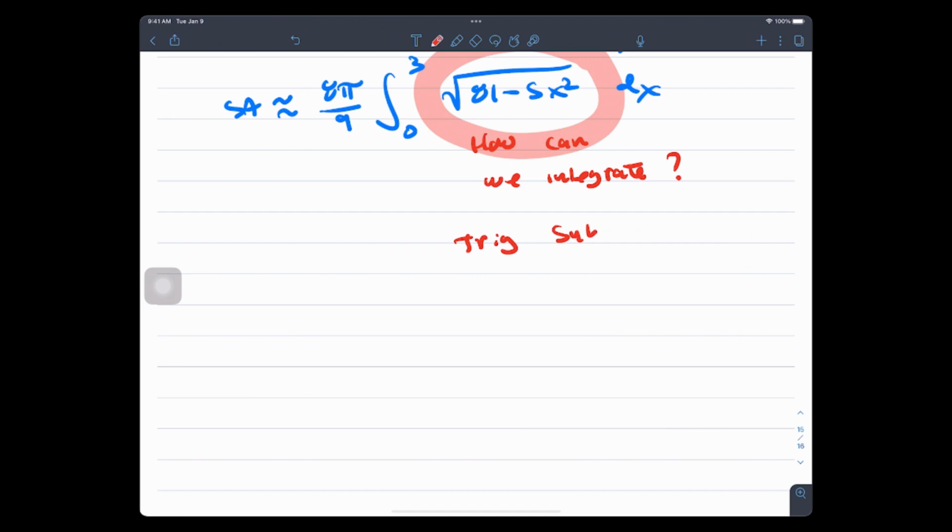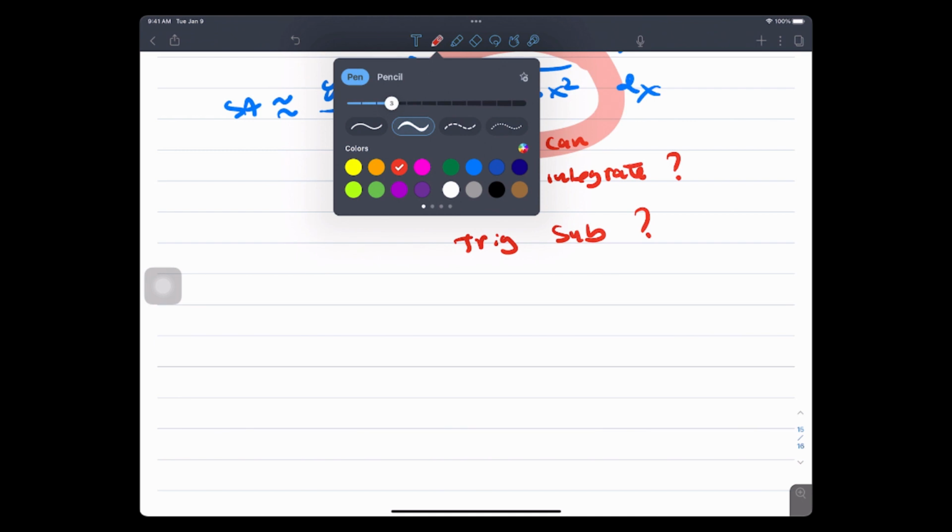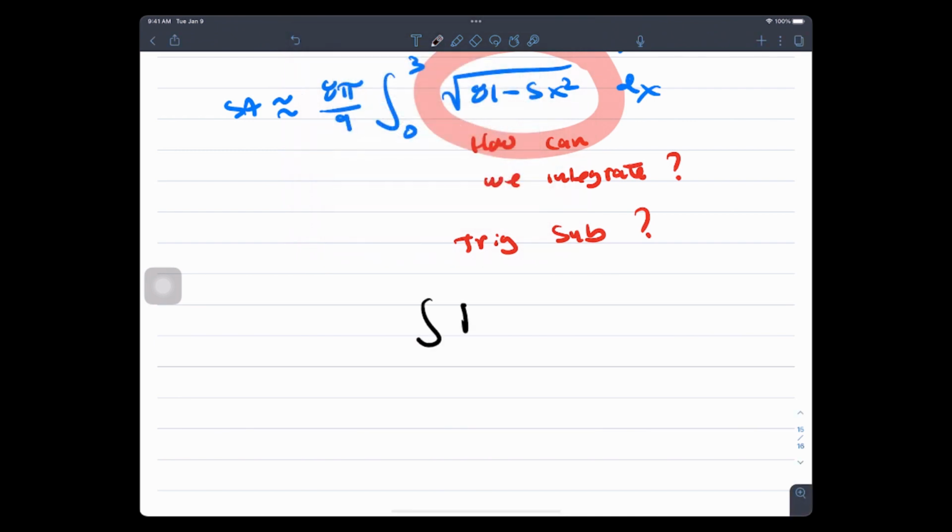Use a trig substitution maybe? Or is there a formula for something like that? If you had to use a formula for something like that, that really now becomes a u sub. Is that right? So it's really a u sub and maybe a formula for something like that.